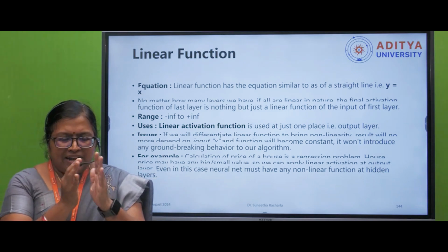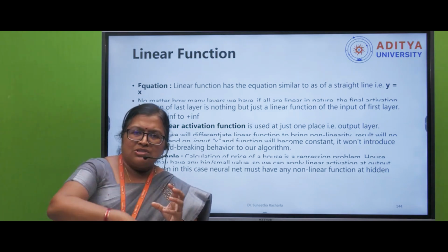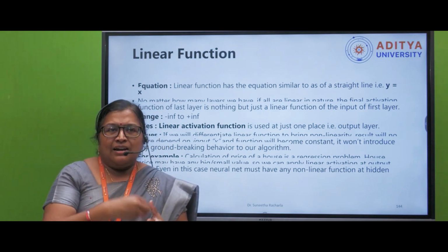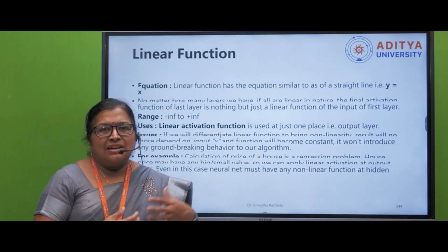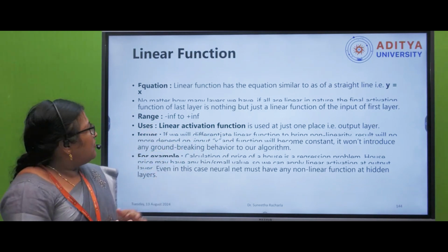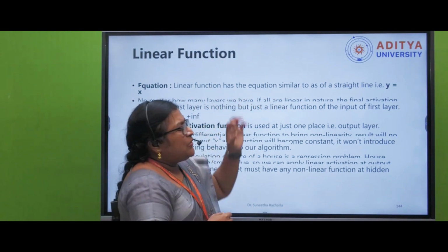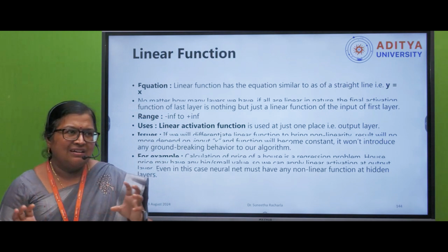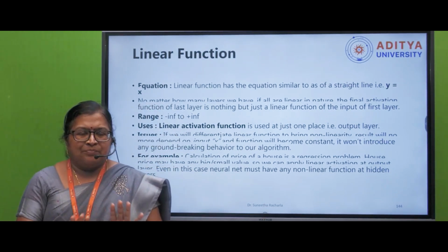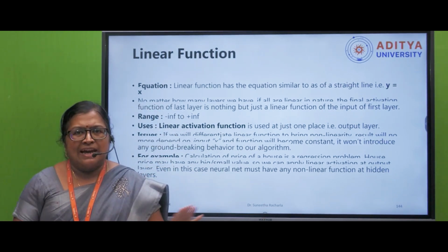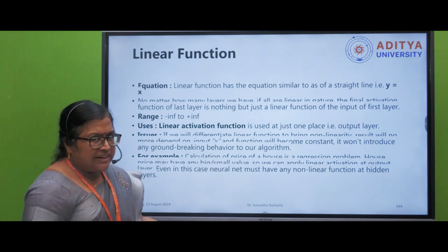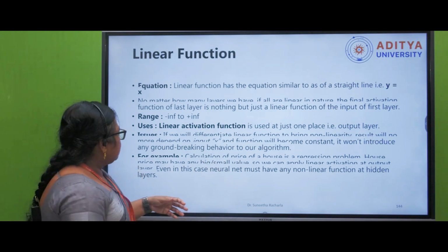Normally when the data is simple and you want to check your neural network and do some numerical analysis, you use a linear function. The equation is y equal to x. It won't add any special creativity, only normal linearity, created from the weights and inputs.